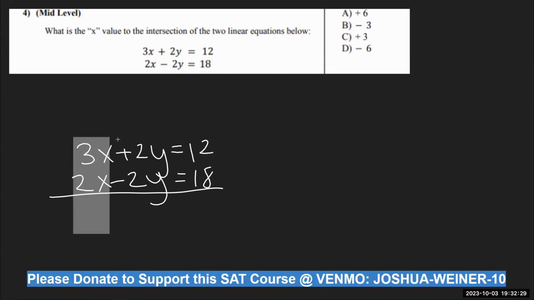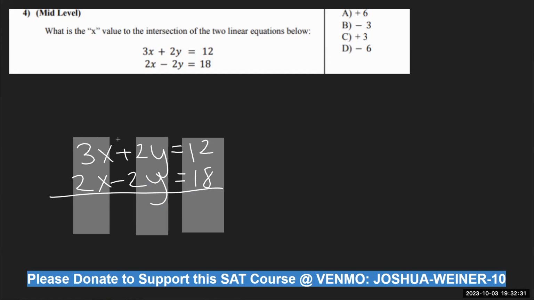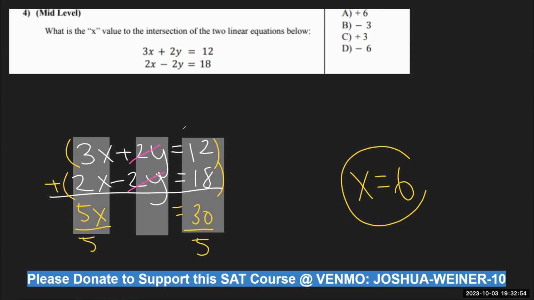If you look column-wise in the system, if we add them together, we have a nice shortcut. I'm going to add equation 1 to equation 2. We get 5x. 2y cancels 2y, so they cancel. And that's equal to 30. Divide by 5 on both sides, and we get that x equals 6.